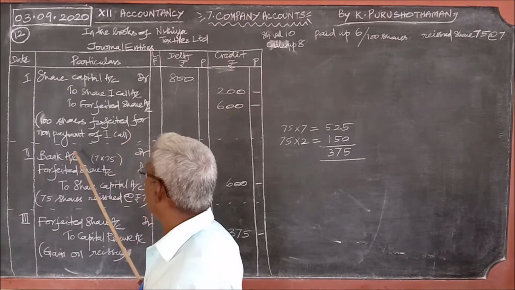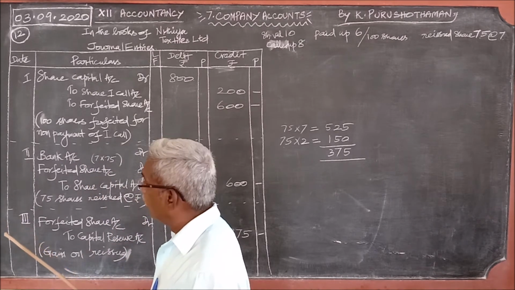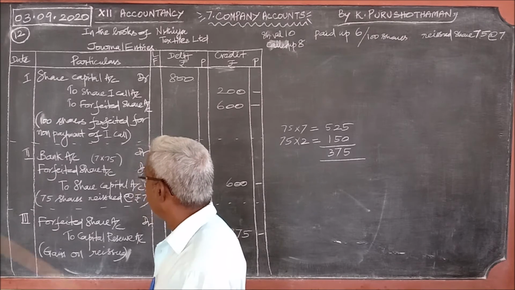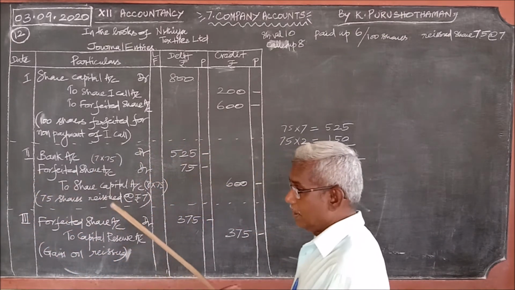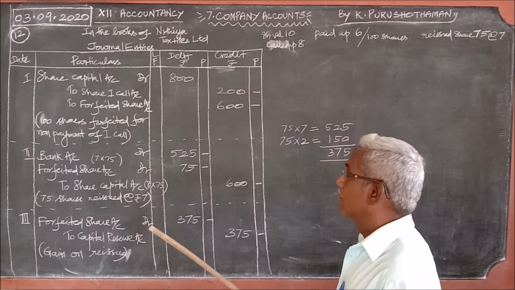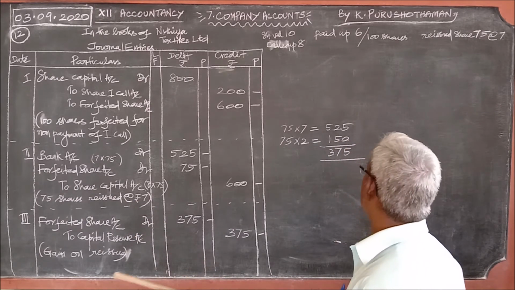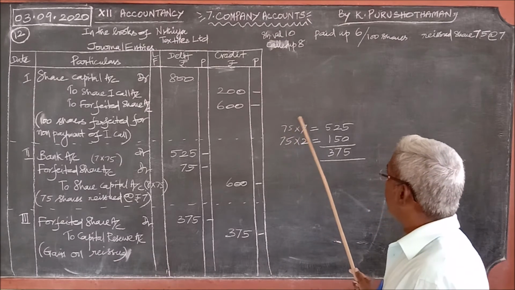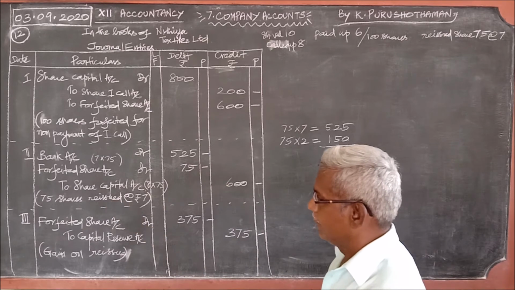Therefore, bank account debit, bank will be the receiver, debit the receiver rule, what you have studied in 11th standard. How much did the bank receive? At the rate of 7 rupees, 7 into 75, 525 rupees the bank received.